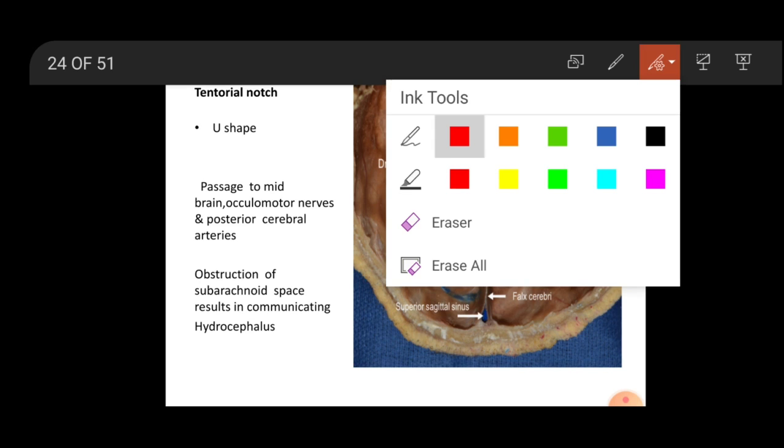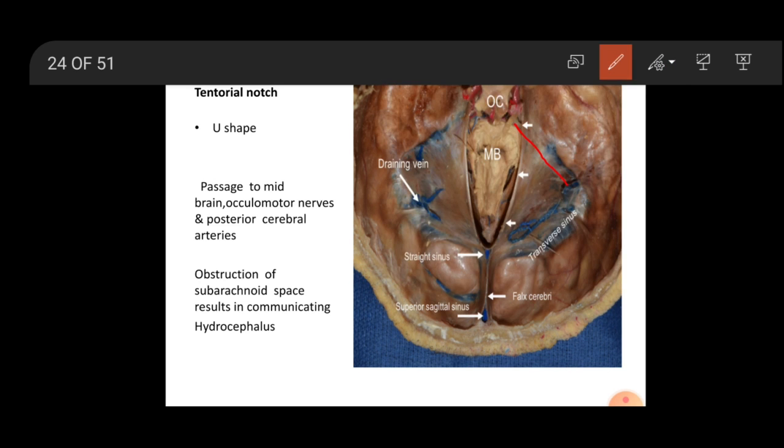This is the superior margin of the petrous temporal bone, where the superior petrosal sinus is related, and you have the groove for the transverse sinus. We saw this in the posterior cranial fossa.